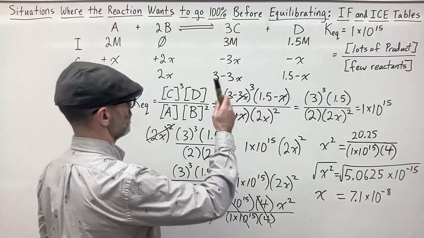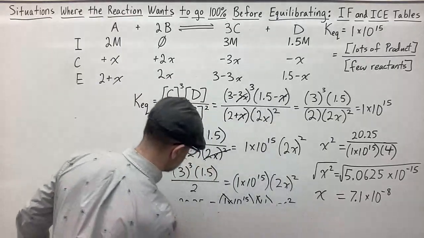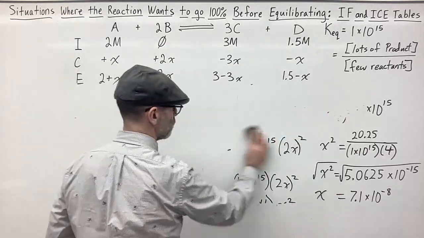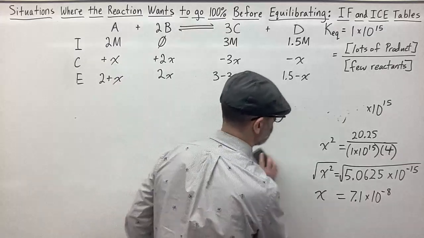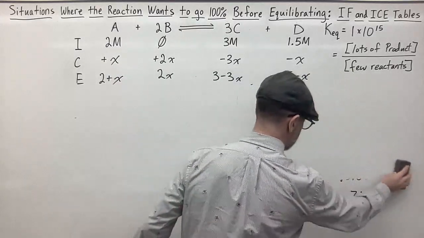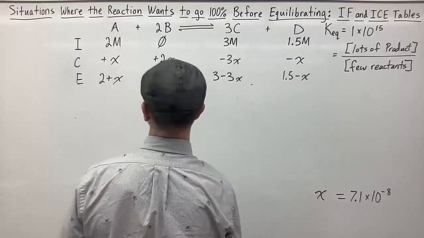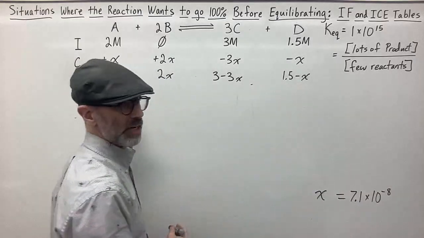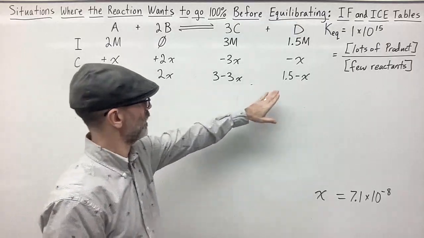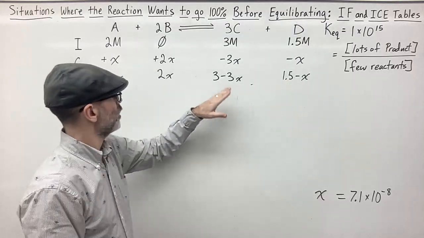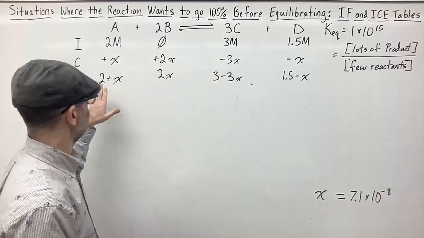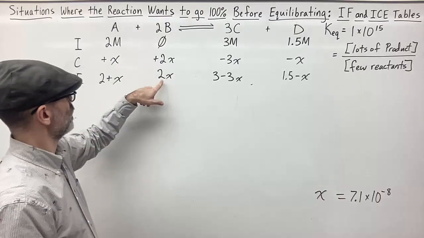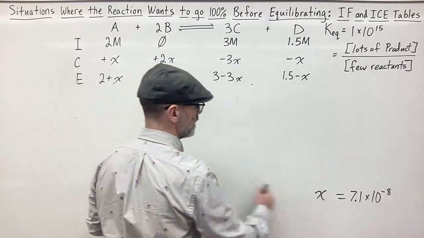So since here, let me erase this. Give us some room. Okay, so then since we eliminated x from these 3, then the concentrations at equilibrium are going to be 1.5 for D, 3 for C, and 2 for A. And then for the concentration of B, it's just going to be 2 times x.